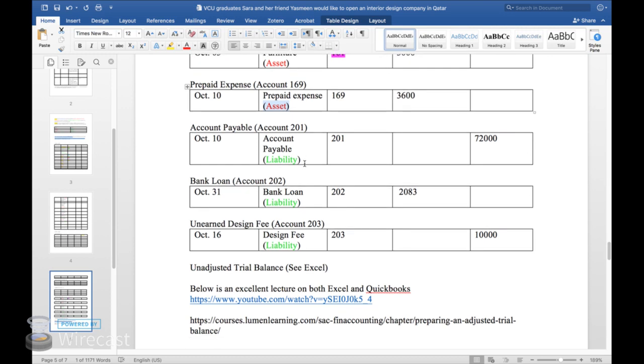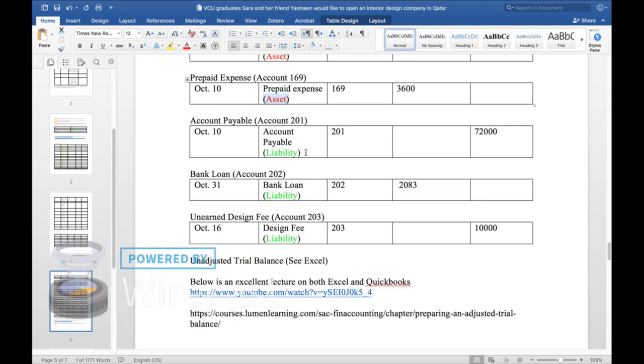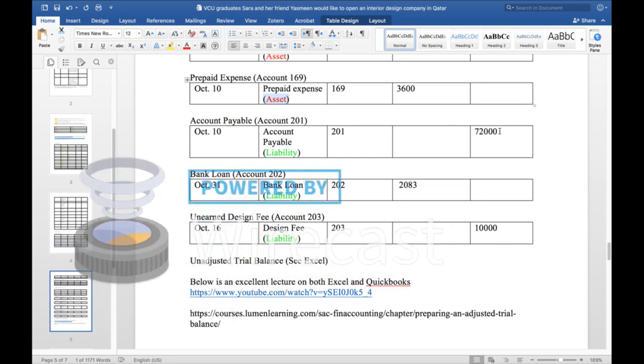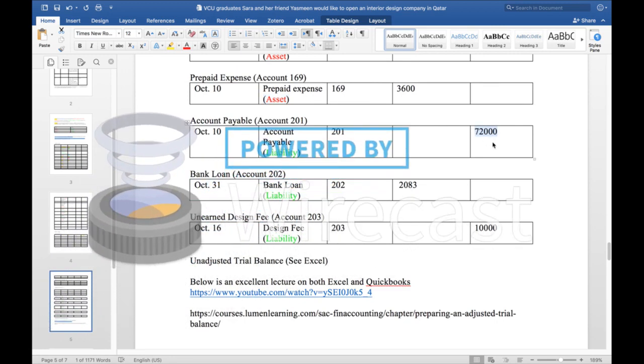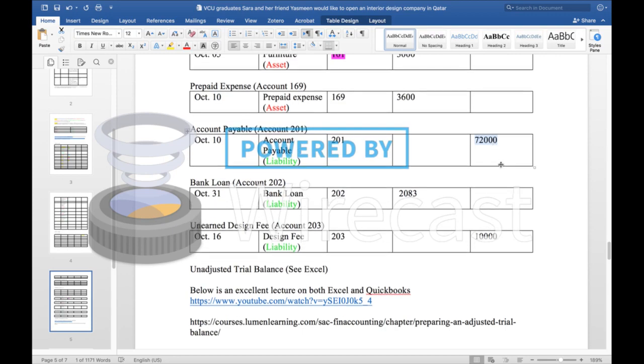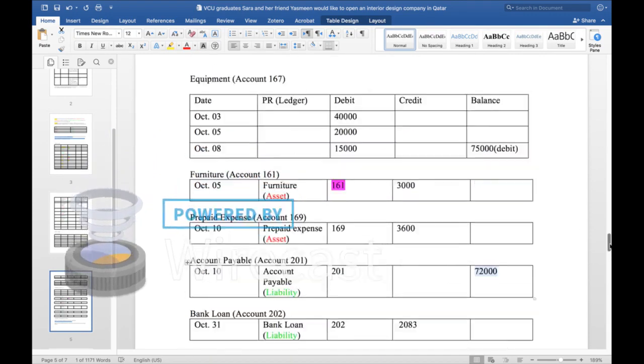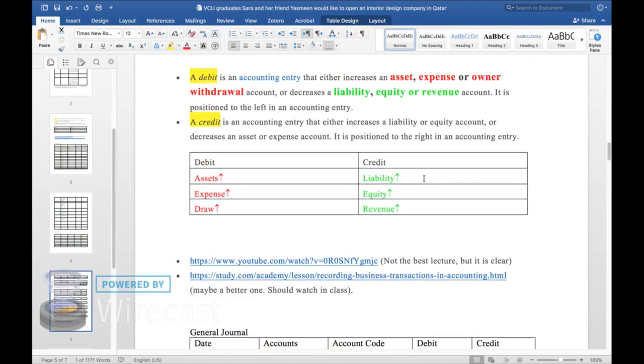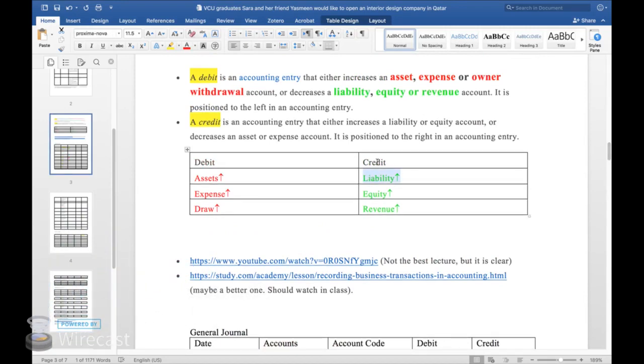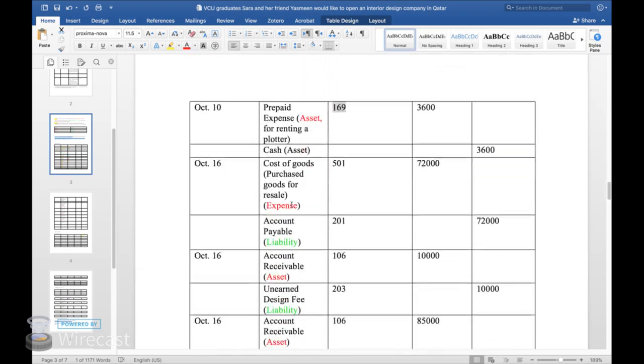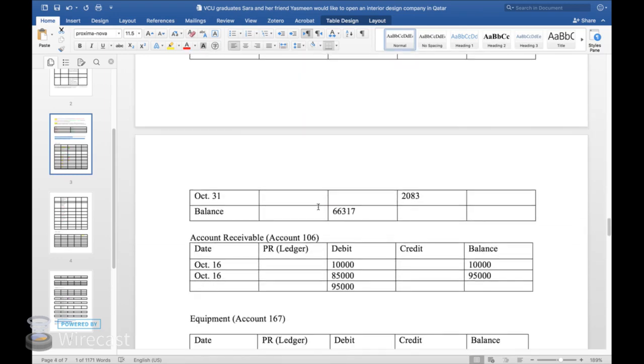In the 200 accounts, we have payables we would have to pay in the future. A liability increase is in the credit. Of course, a liability decrease will be in the debit.